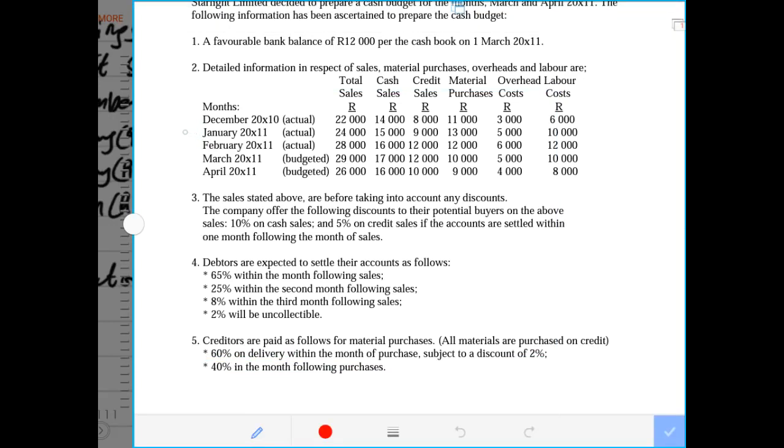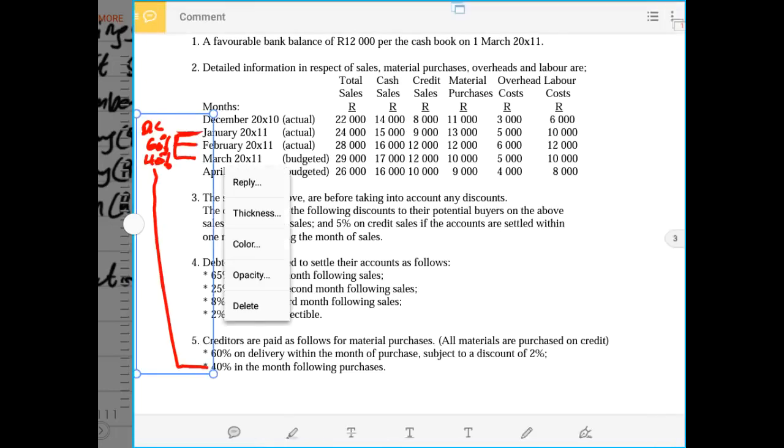Then if we purchase material on credit in February, 60% will be paid in February where there is a discount again, then 40% will be paid in March with no discount. And we are doing a budget for March.